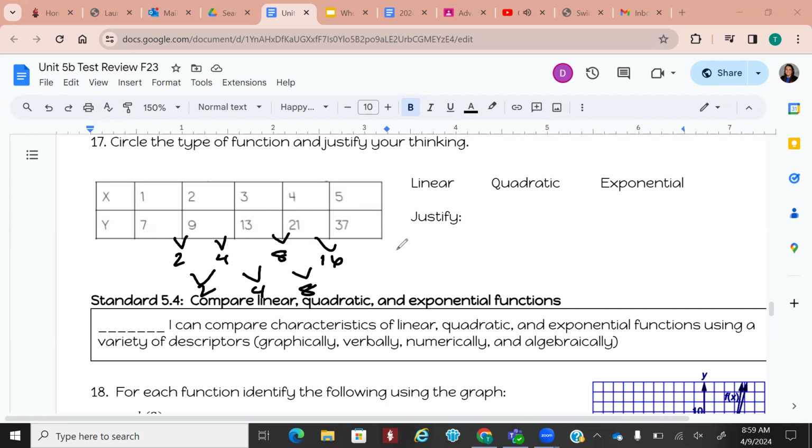Okay. So that's still going to be exponential. Still going to be exponential. Okay. Questions on that one?